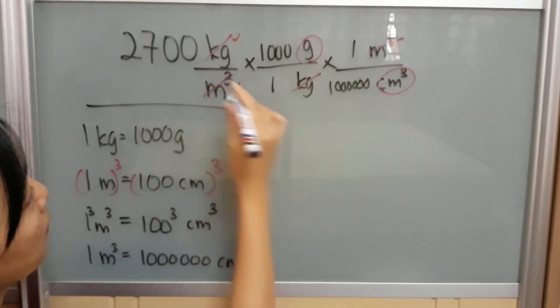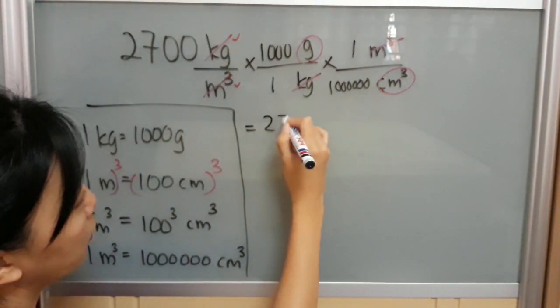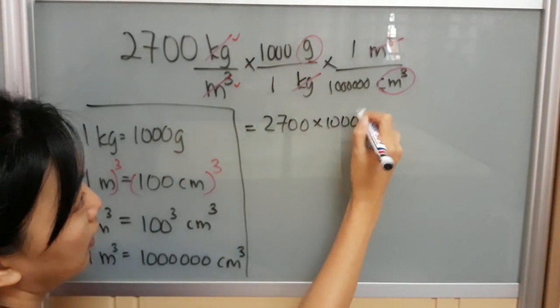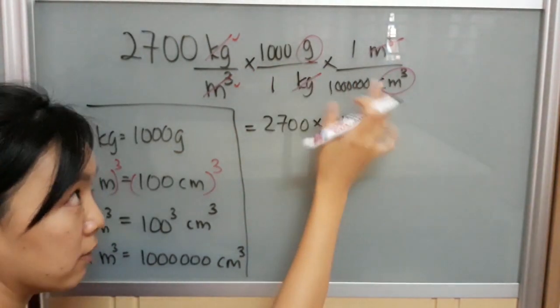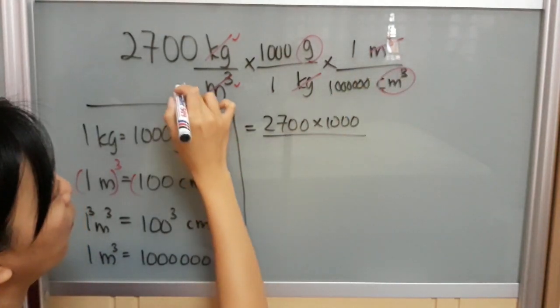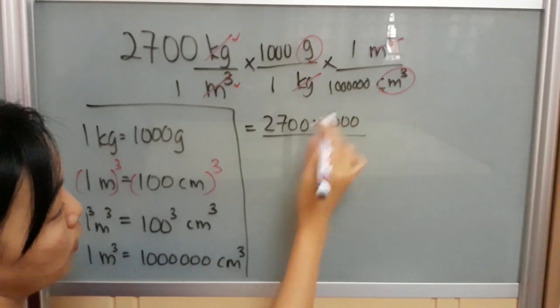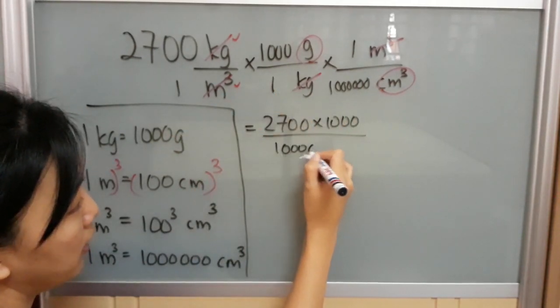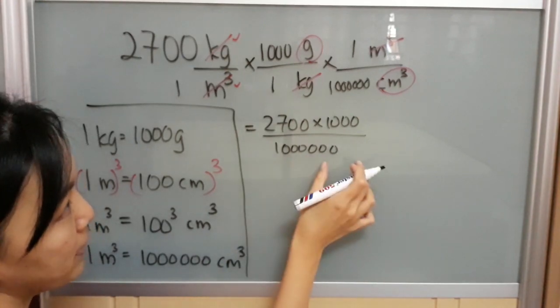So now, I put all the numbers together, 2,700 times 1,000 times 1. You do not have to write it, it's the same, times 1. 1 here, times 1 times 1 million. So the 1, I can take them off and left with 1 million.